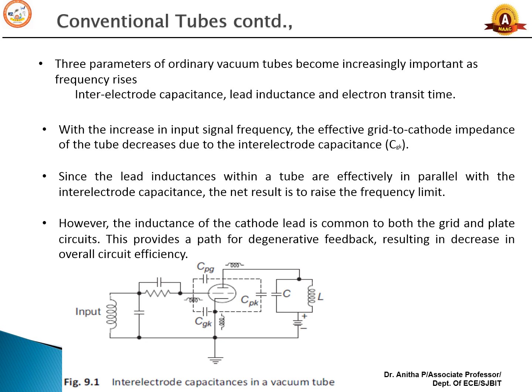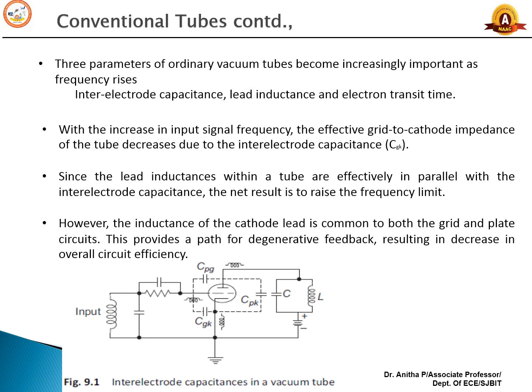If I want to use this device to generate oscillations, you can observe the dotted capacitances between anode and cathode, and grid and cathode. These capacitances we call interelectrode capacitances. The anode, cathode and grid are the electrodes in vacuum tubes.